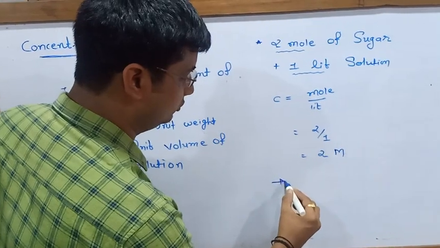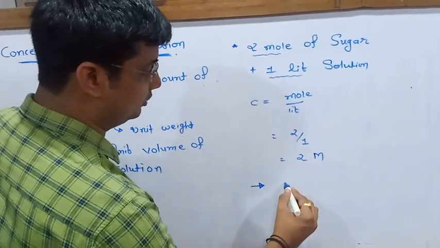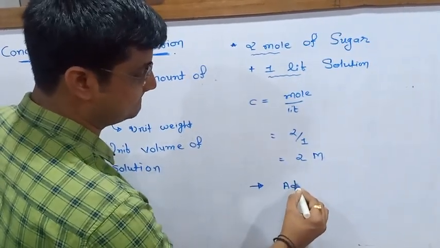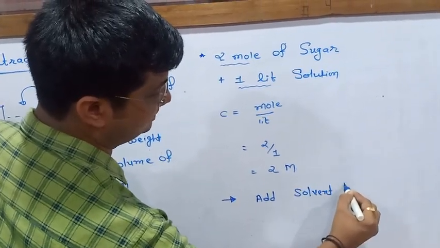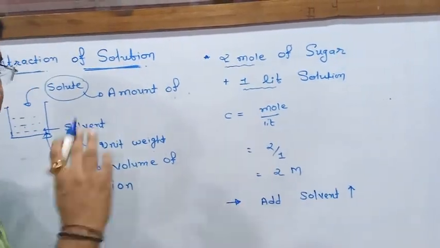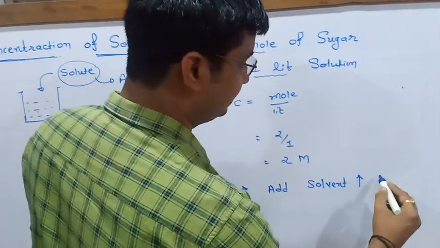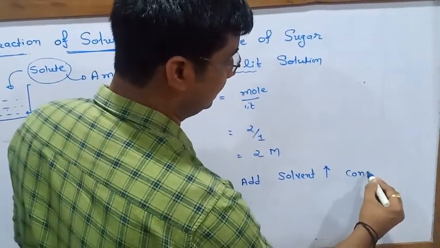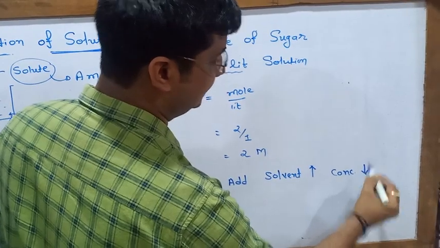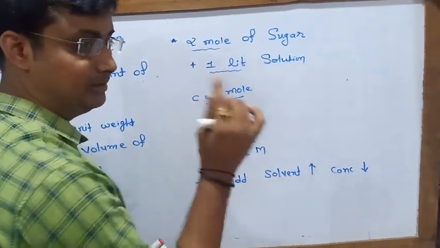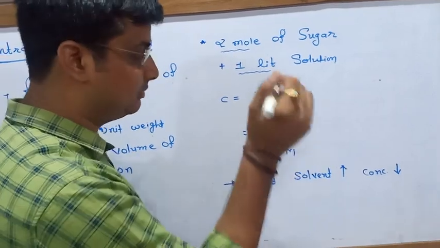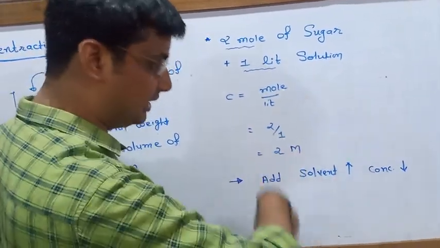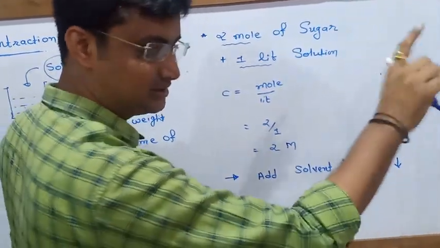Last point for you: if you increase the proportion of solvent in a particular solution, then concentration will decrease because you have added solvent. आप पानी डालोगे, मान लो एक नमक वाला पानी है, उसमें ज्यादा पानी डालोगे तो concentration डाउन होगी.